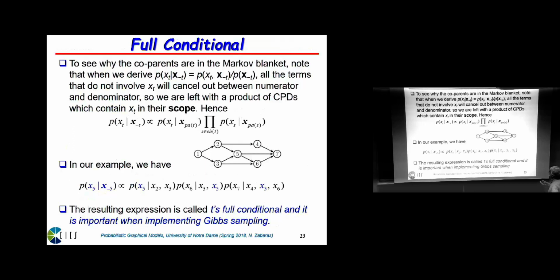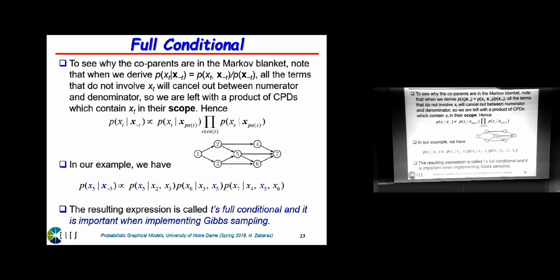Now the Markov Blanket basically gives a very efficient way for computing the probability of a node given all the other nodes, all right? Because we said this probability only depends on the parents, co-parents, and children, okay?